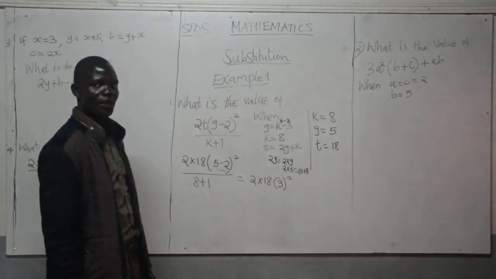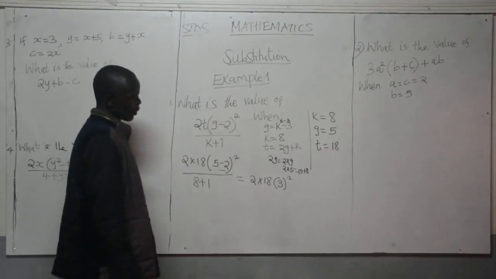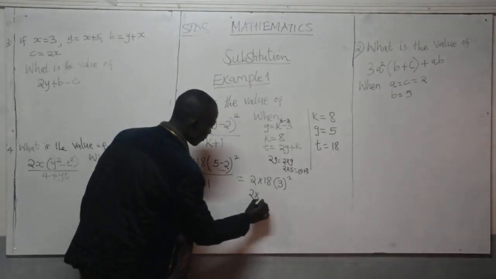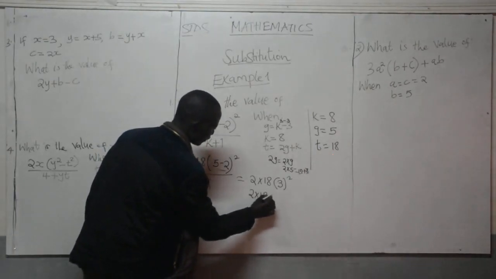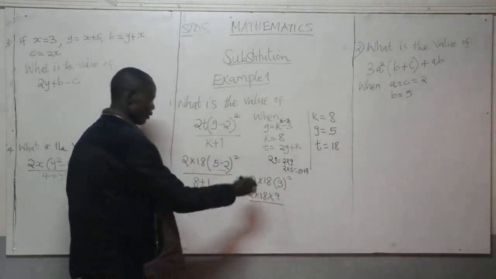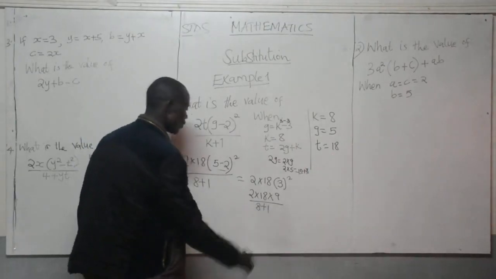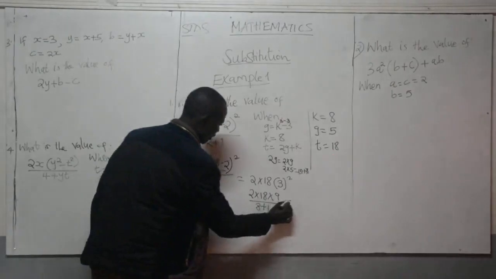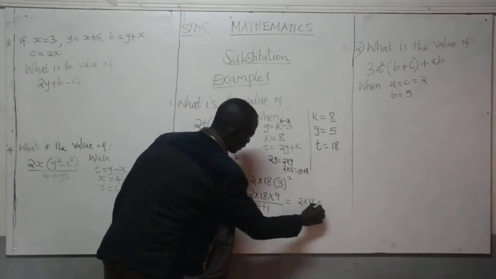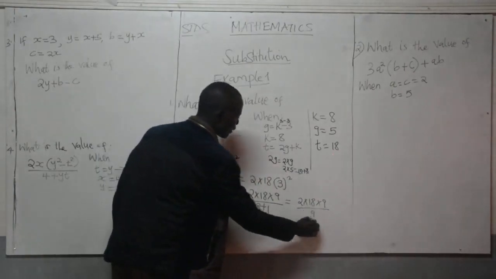So 3 times 3 gives us what, class? It is 9. So we say it is 2 times 18 times 9. That's the numerator. You say over 8 plus 1. So this is equal to 2 times 18 times 9 over 1 plus 8, which gives us 9.